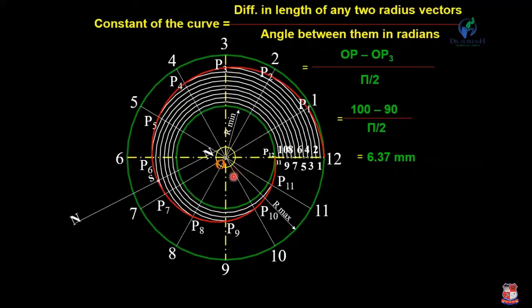If you draw the tangent from this, then this is the normal of the curve, which is passing from point S, and a perpendicular line to this normal is called a tangent.